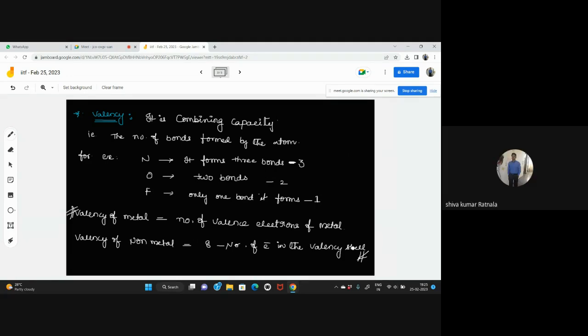Sir, if the valence electrons of a non-metal are below 8, what happens? We subtract from 8: 8 minus the number of valence electrons.